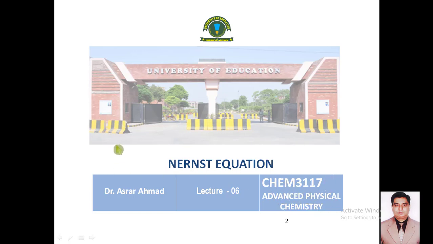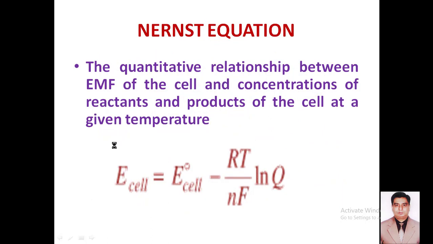Dear students, what is the Nernst equation? As in my previous lecture, I have discussed that Nernst was a scientist who in 1889 gave us the quantitative relationship between electromotive force of the cell and concentration of the reactants and products of the cell at a given temperature.